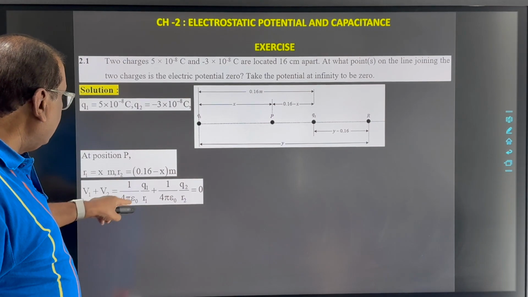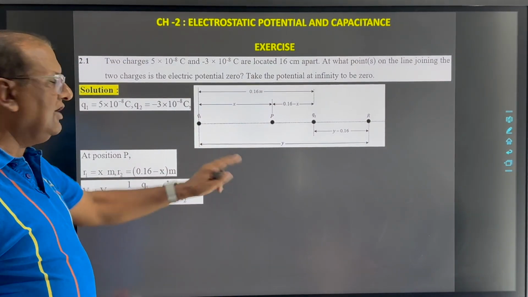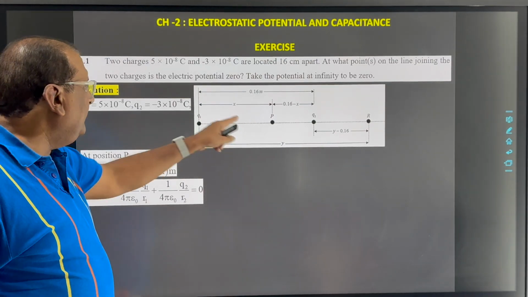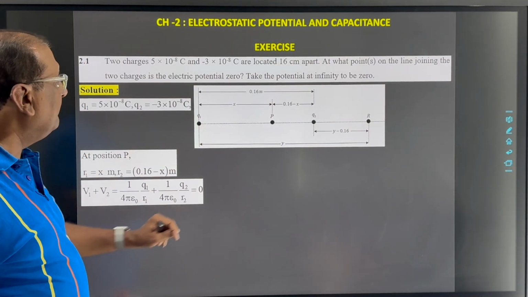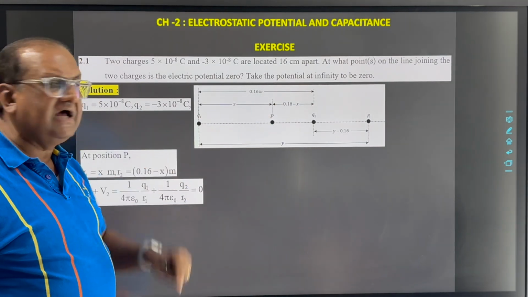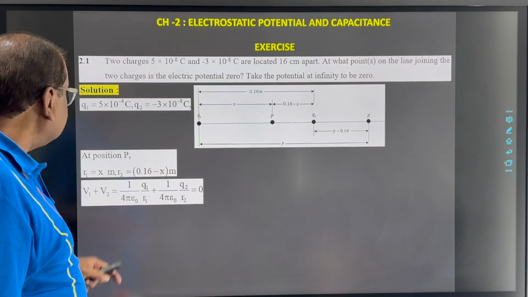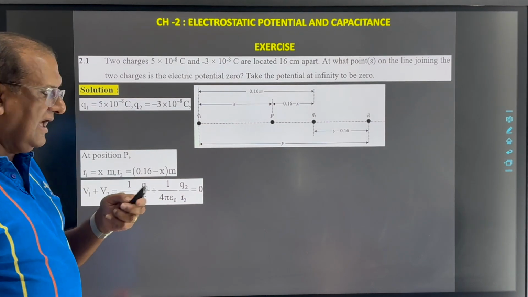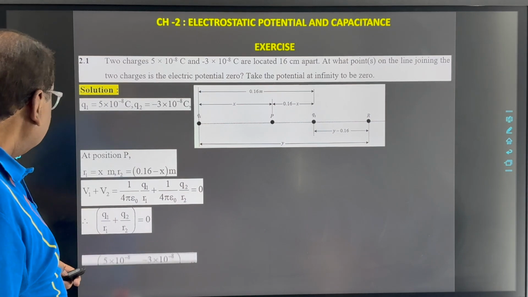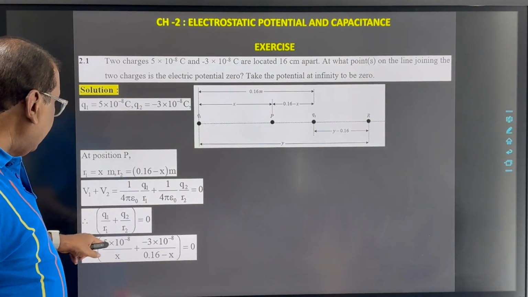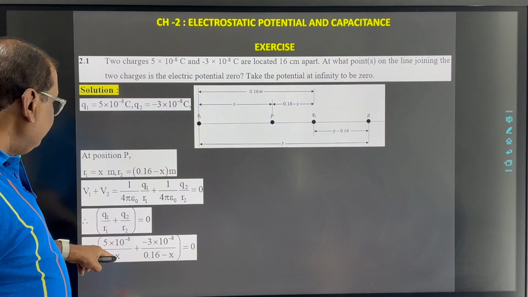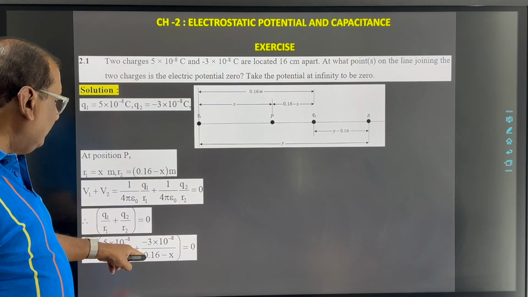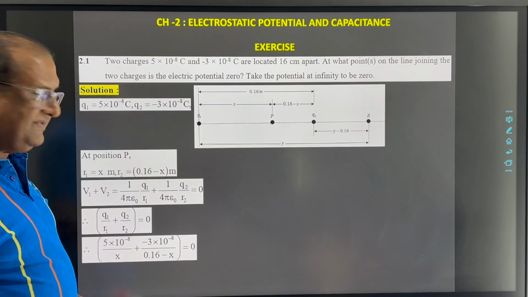Take 1/(4πε0) common, take it on right hand side. Now see here, q1 to P the distance r1 is x, q2 to P the distance r2 is 0.16 minus x. So substitute the values of q1, q2, r1, r2 in this equation. So here we will get 5 × 10^-8 upon x plus (-3 × 10^-8) upon (0.16 minus x).